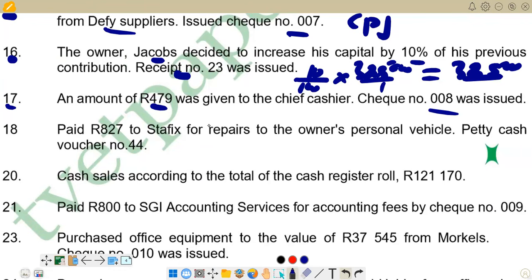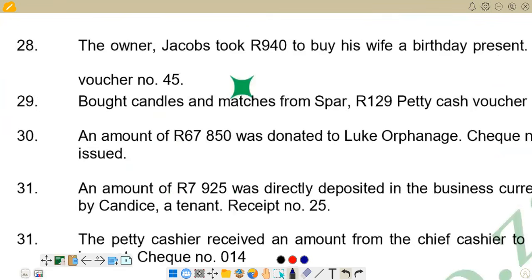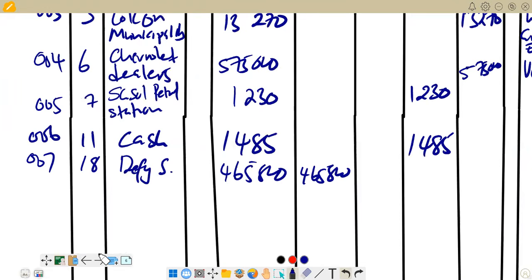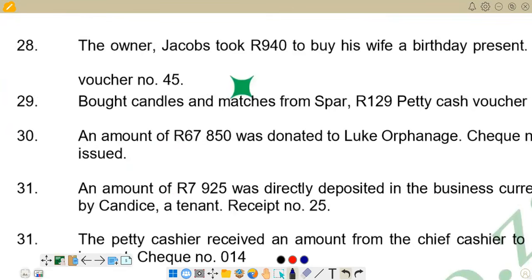Obviously, we are just going to do the same that we did there on pay: just write cash, and it goes under petty cash. So we are here. The document is 008, the day is 17, and it's cash. Let's just check the dates there. It's 17.